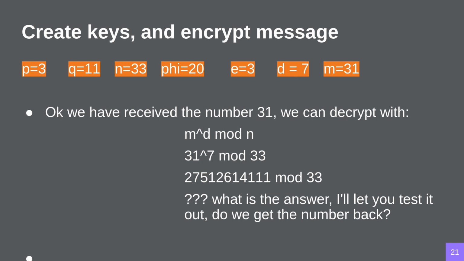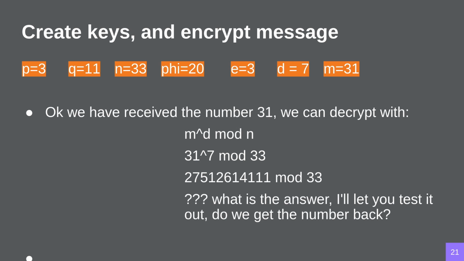So all we need to do is take our message, which is 31, and say M to the power of D mod N, and just work that out. So let's plug the numbers in. 31's our message, to the power of 7, mod N, mod 33.